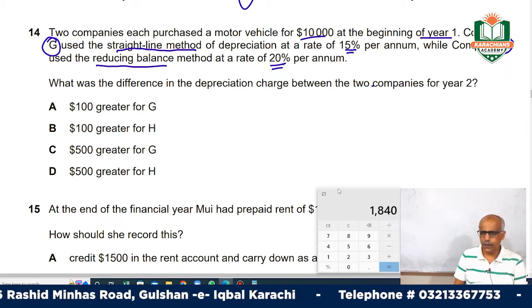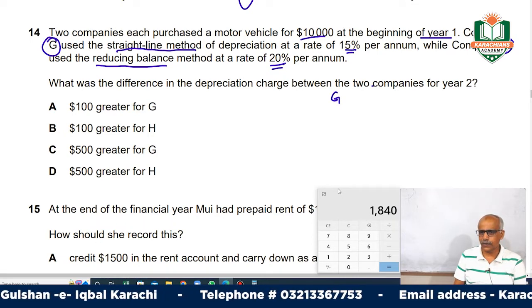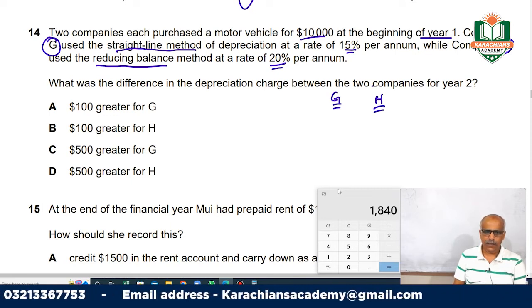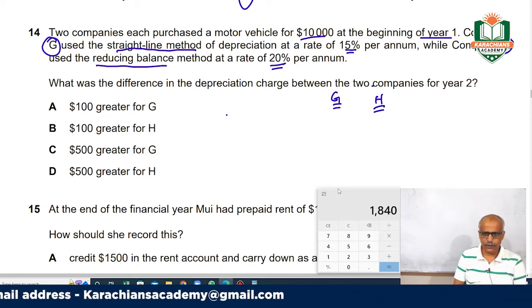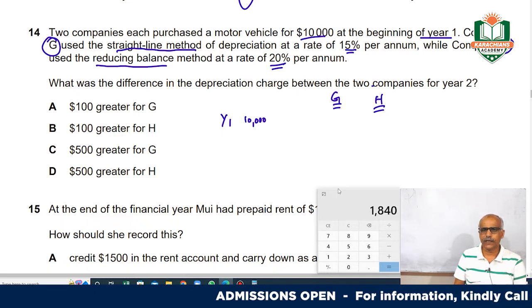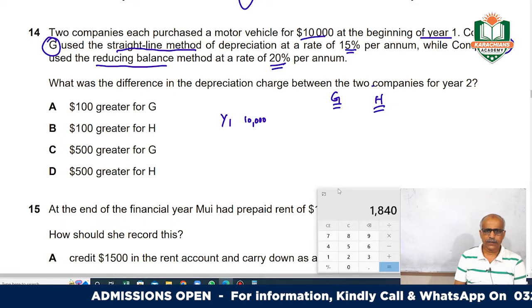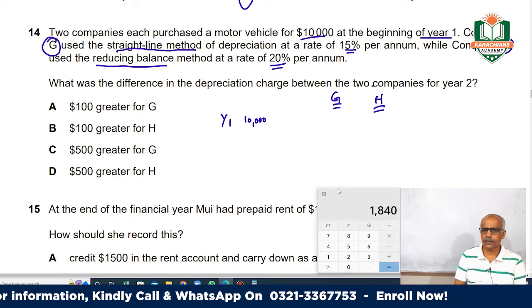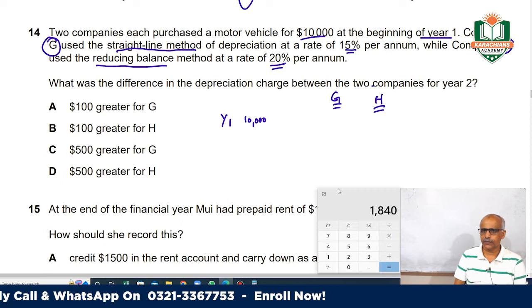This is very simple. This is company G and this is H. In year 1, $10,000 is the cost of the equipment for both G and H. G is charging on a straight line method at 15%.